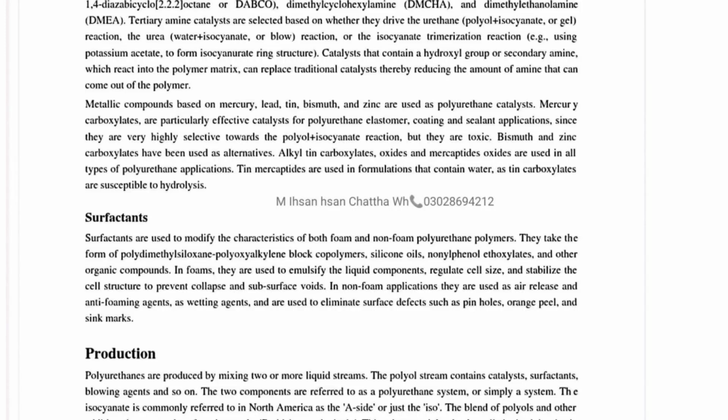Surfactants are used in polyurethane. Surfactants are materials which help the monomers attach to each other by wetting them, and increase their reaction miscibility, stability, and cell structure formation, avoiding subsurface voids.